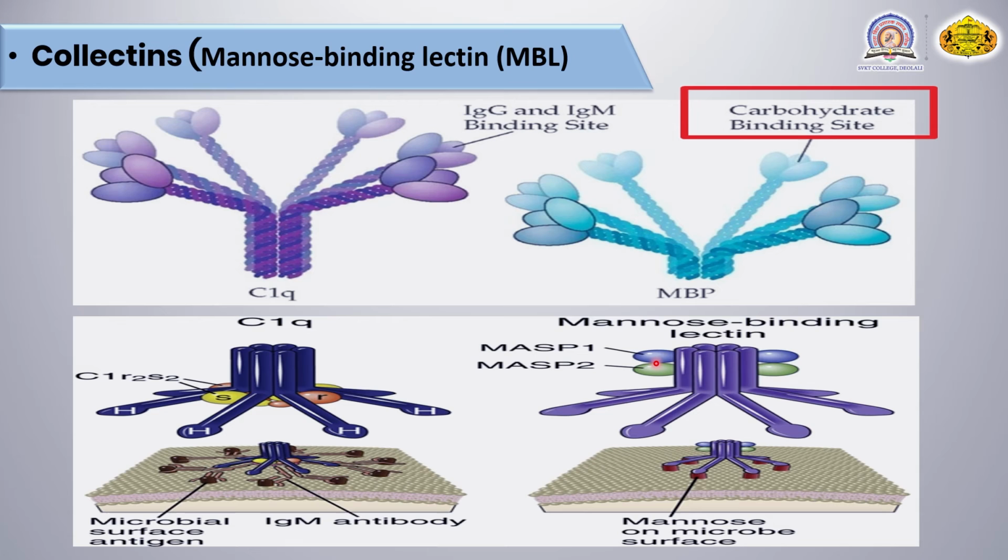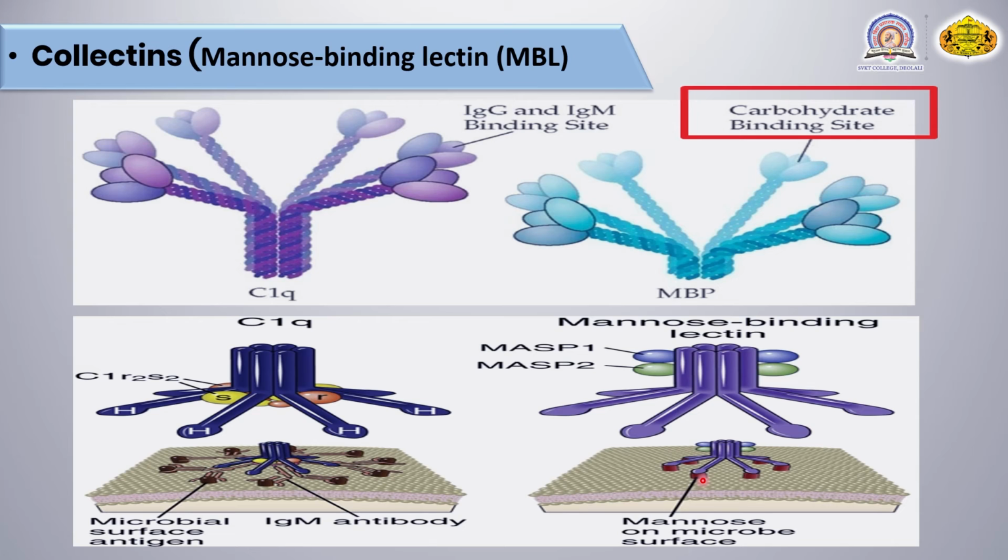In another picture of this type, mannose binding lectins are present here, which are commonly associated with MASP1, MASP2. So the mannose on the surface of that microorganism is present, this brown and yellow color here. The mannose binding lectins present on these C1Q type components specifically recognize it and binding takes place here.